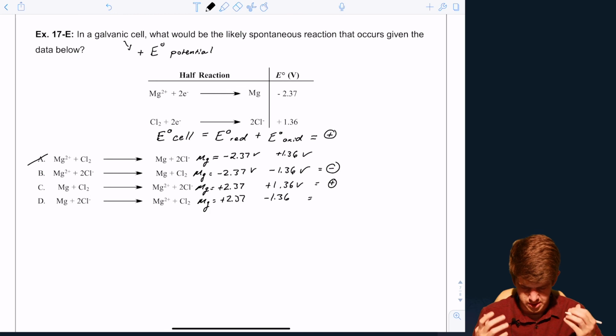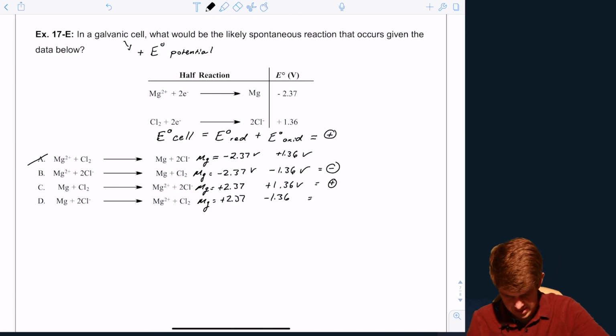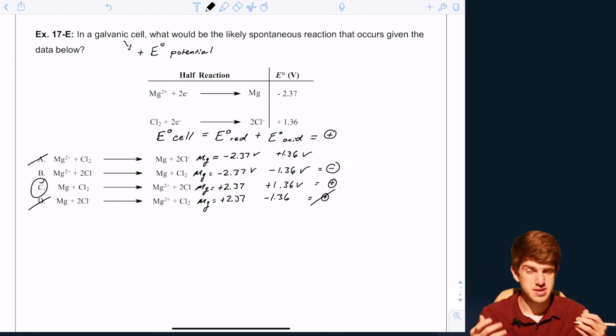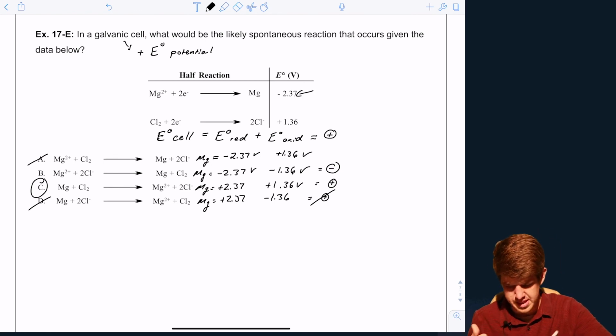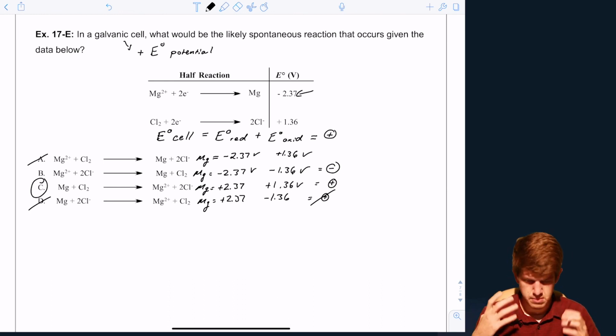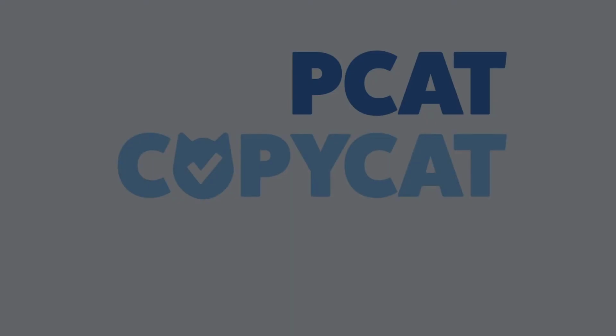That's not going to work. So even if it was going to be positive, it's not a redox reaction, just like A. My answer is C here. The other way I could have gone about this is I just want this value to be positive, whatever it takes, because that's the larger number. And that would work too.